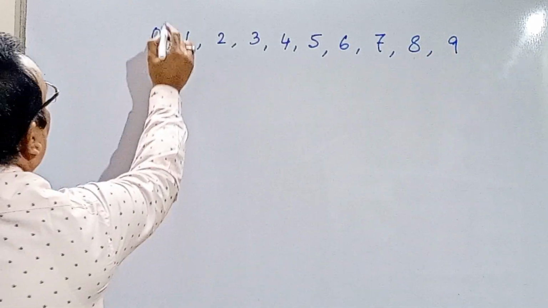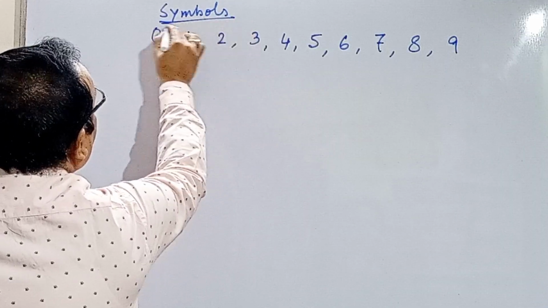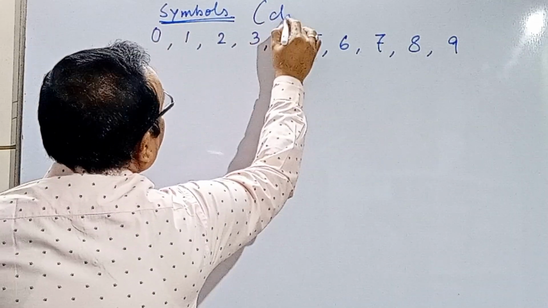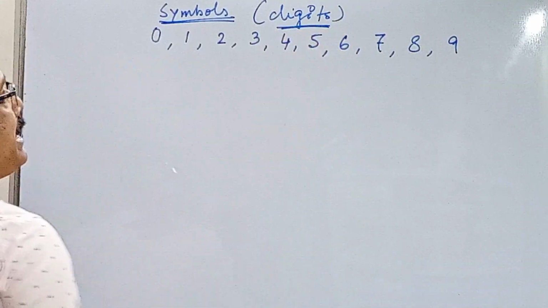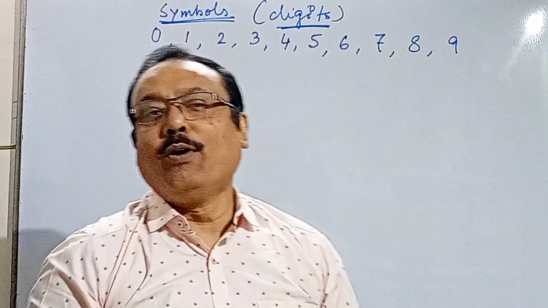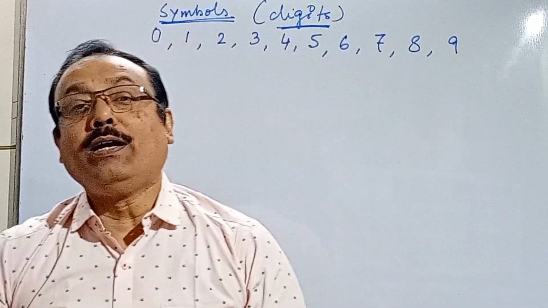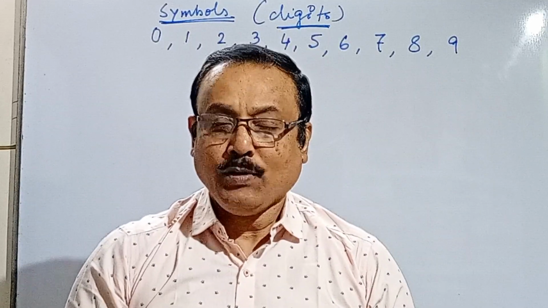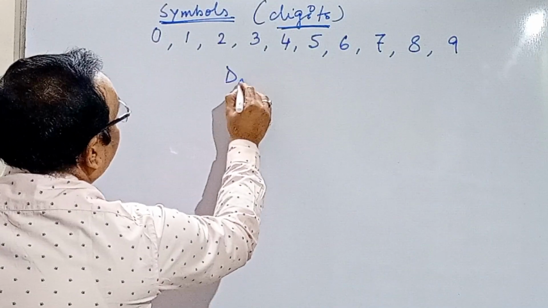These are actually called symbols, and we say these symbols as digits. And the system of mathematics where these 10 symbols are considered as digits, that particular system is called decimal system of mathematics or base 10 system of mathematics.